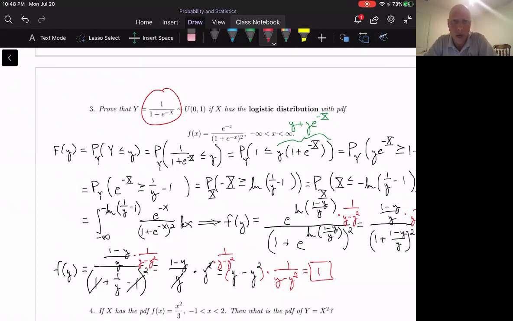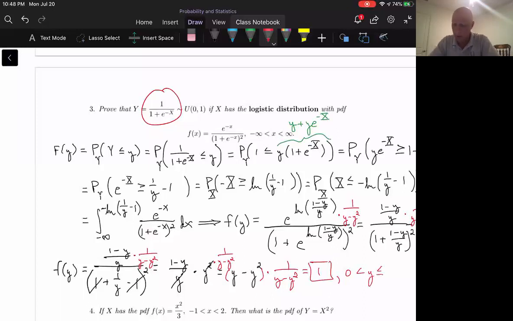So 1 over a huge number is essentially what? Zero. So we know that the support starts at 0.